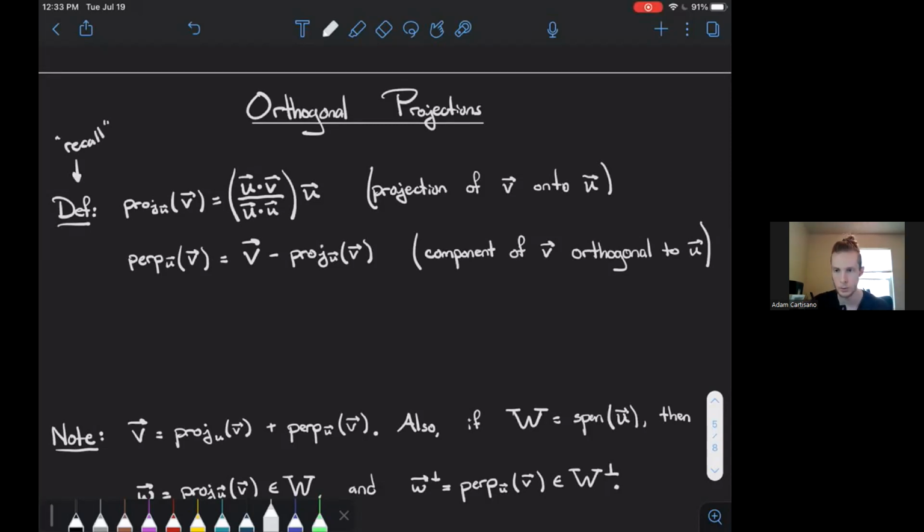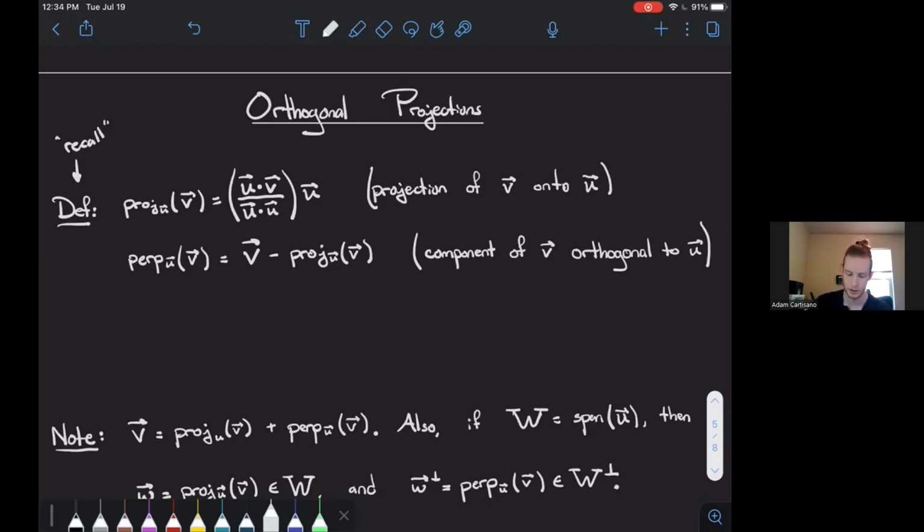So proj_u(v), the word proj with a subscript of u and then v in parentheses, is the projection of v onto u. This is crazy, bizarre notation. I view this as a function that takes in a vector v and outputs a vector inside the subspace which is the span of u.